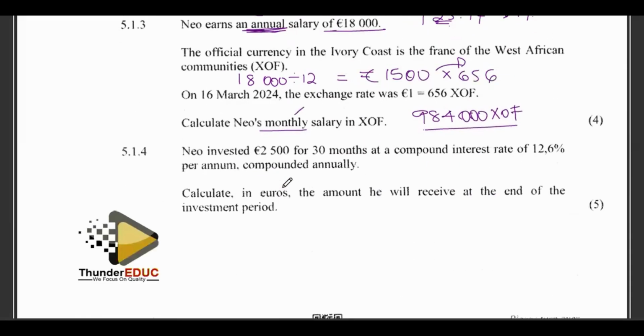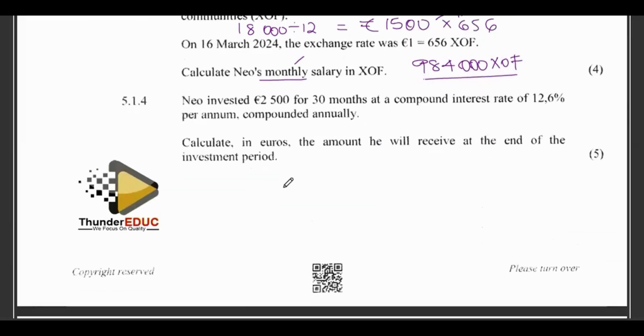All right, here we go. Neo invested 2,500 for 30 months at a compound interest of 12.6% per annum, compounded annually. Calculate in euros the amount he receives at the end of the period.